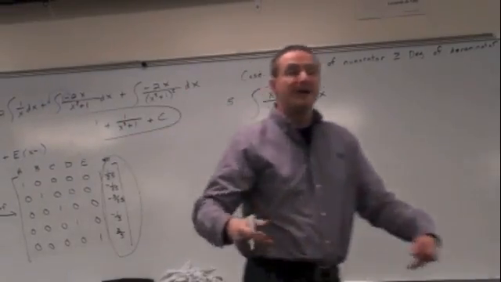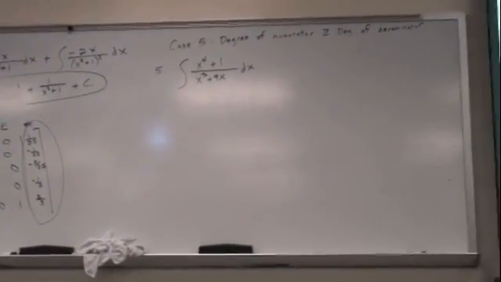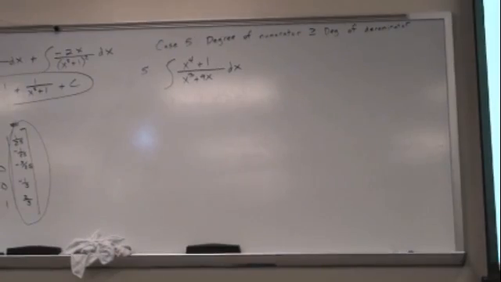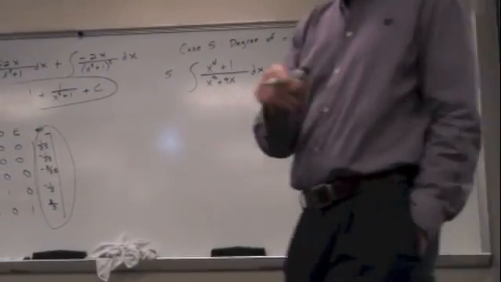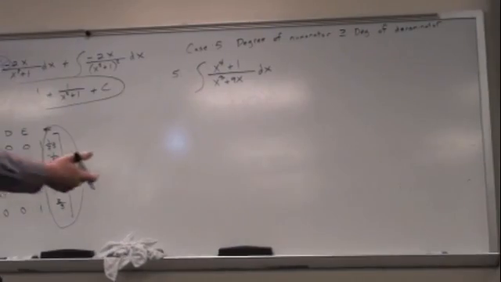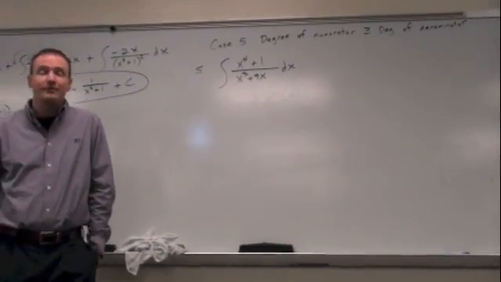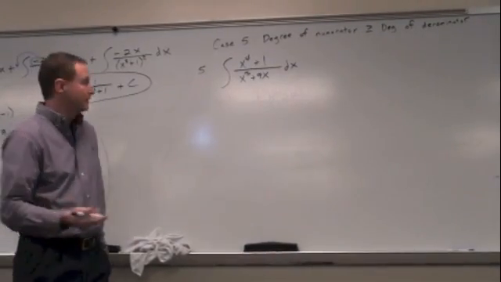Every single solitary time, if the degree of the numerator is greater than or equal to the denominator, you're going to go back and use the technique that you did in pre-calculus, 1710 pre-calculus, in fact, long division of polynomial functions. Yay! Once you do the long division, it makes it easy.